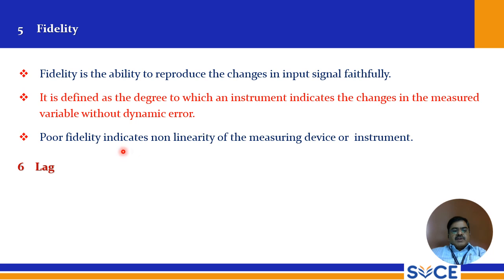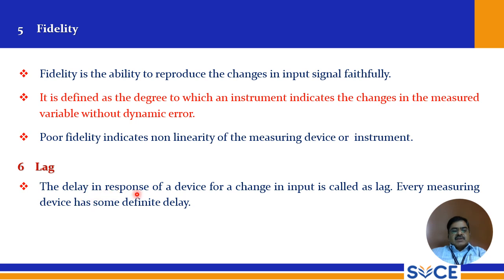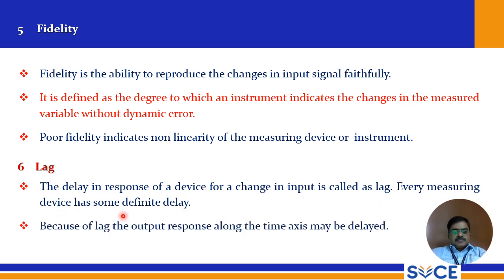So poor fidelity indicates non-linearity of the measuring device or instrument. Lag: the delay in response of a device for a change in input is called lag. Every measuring device has some definite lag. So because of lag, the output response along the time axis may be delayed.